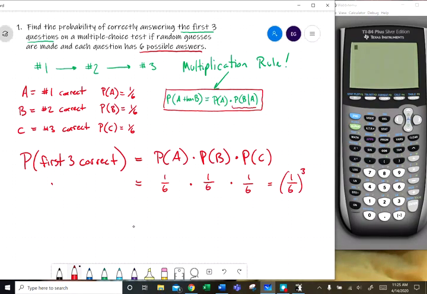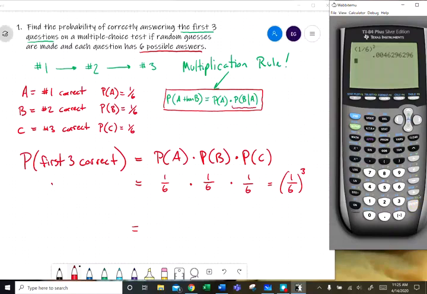Okay, so let's pop that into the calculator. 1 over 6, close parenthesis, and raise that to the 3rd power.